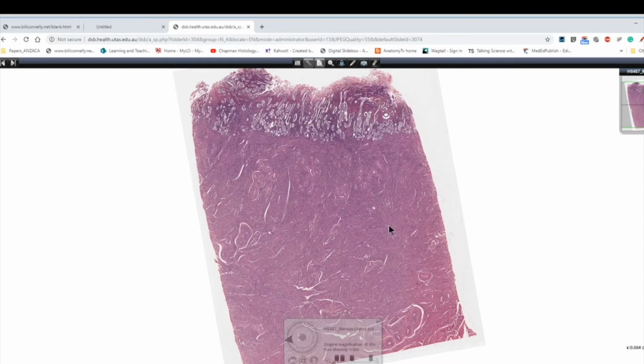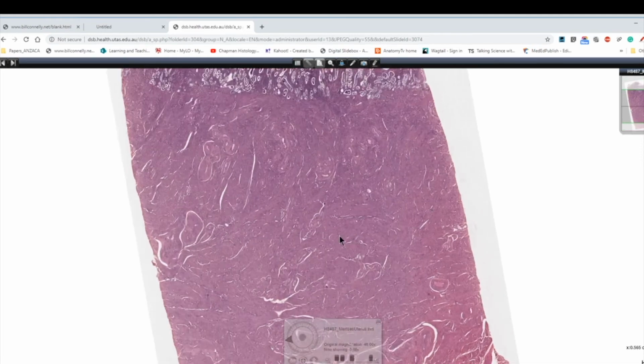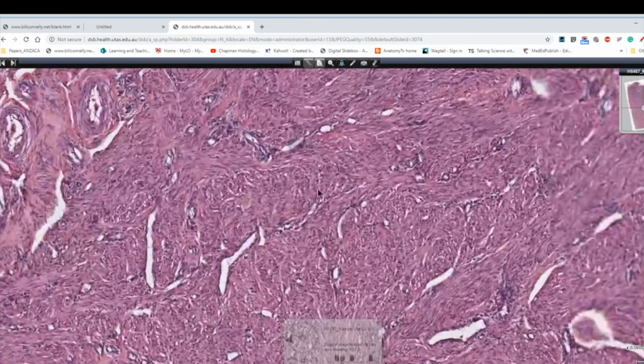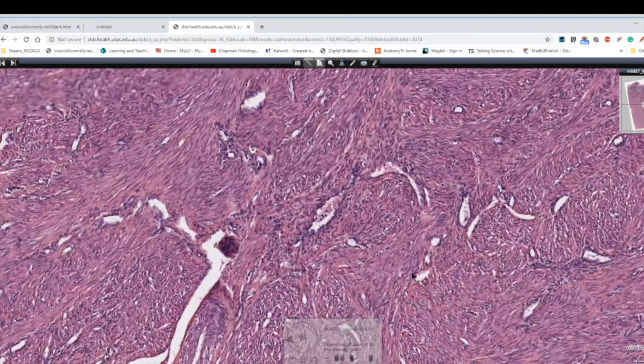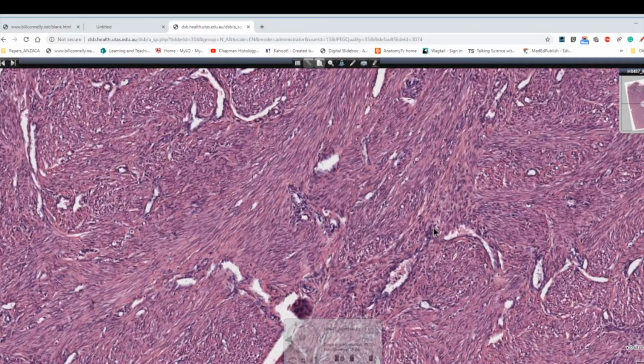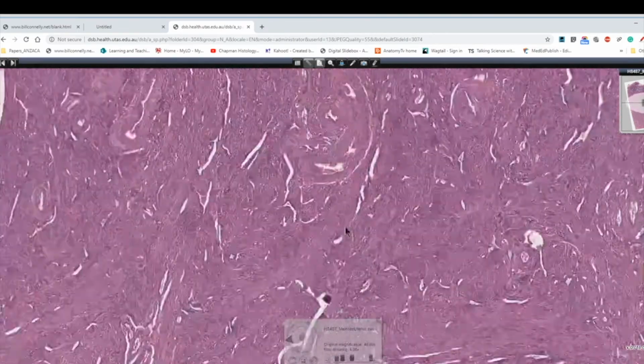Here's the myometrium. You can see some large blood vessels here, and this is all smooth muscle. You can see it's relatively indistinct in terms of the layers. It's not like a nice circular middle longitudinal layer or anything like that. It's very oblique circular and longitudinal muscle layers.